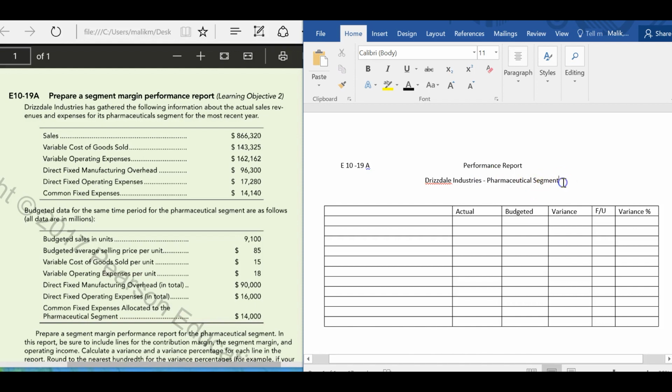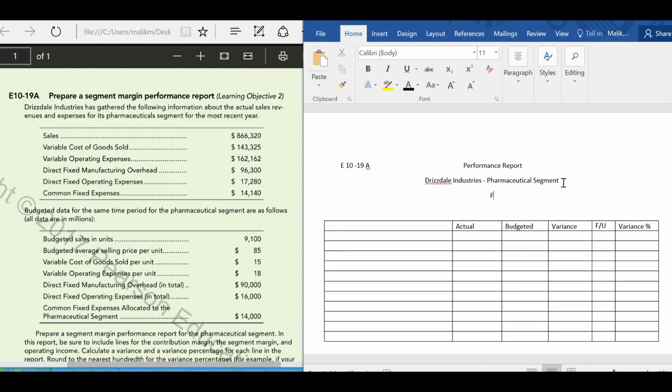It doesn't mention any year, but usually we do it at the end of the year, so I'll write the fiscal year ending on December 31st. We actually don't know the year, but that's totally fine. It also says all data are in million, and it's better if you mention it here.